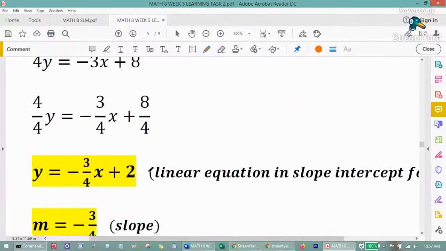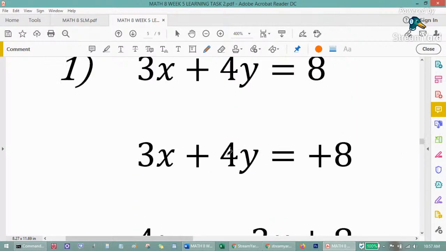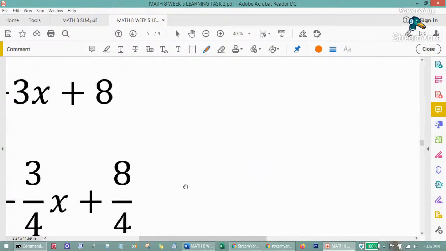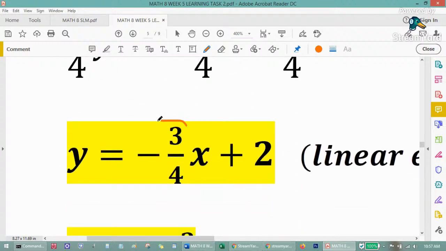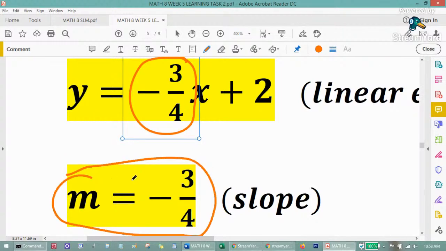So, ibigay na lang natin na slope. Ito ang slope. Sabi natin, yan ang slope, no? Itong slope is the y-intercept. So, the slope is negative 3 over 4. Yan ang slope natin.